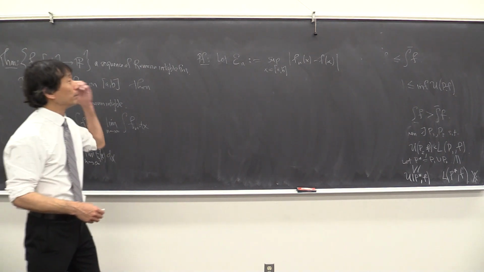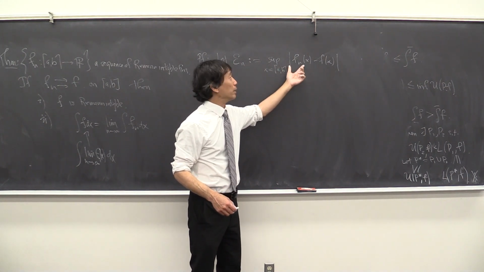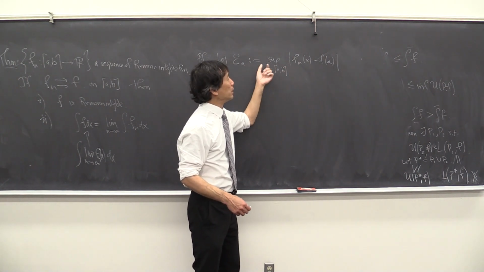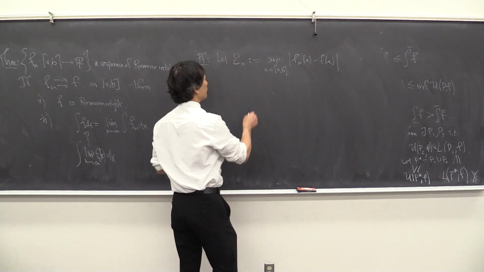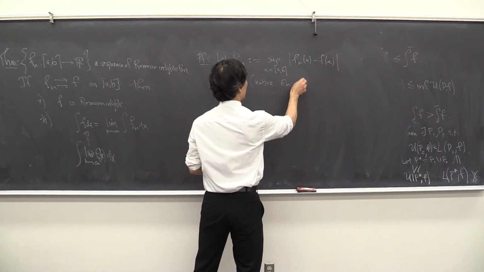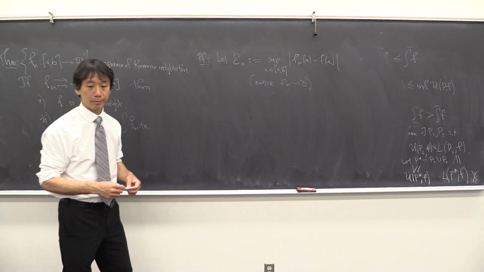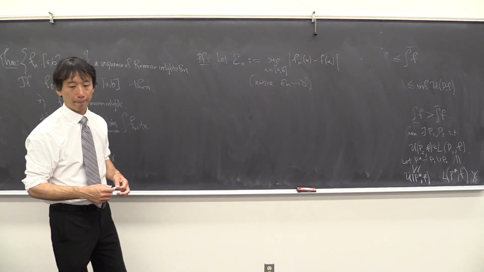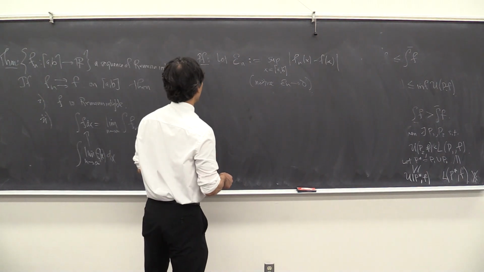Okay, so this is what we called previously the sup norm metric, right? So this is the distance from this guy to that guy in the sup norm metric, right? And notice that epsilon sub n goes to 0, right? Because the f sub n's converge to f uniformly.